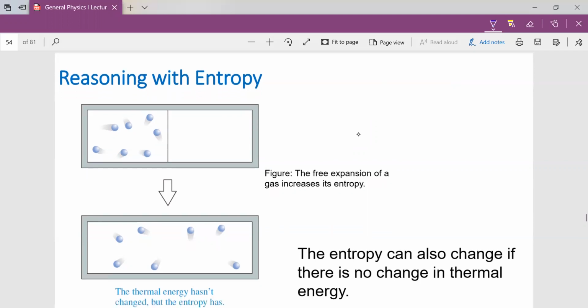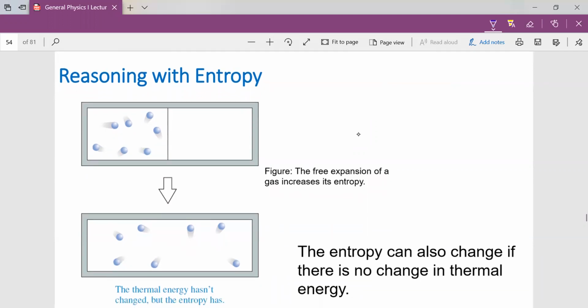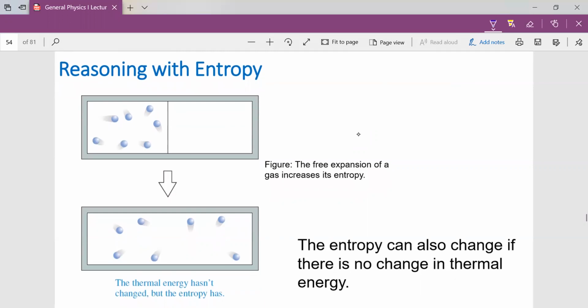So now let's reason in terms of entropy. We've already talked about it: entropy is that which quantifies the dispersal of energy, and the second law is just talking about dispersal of energy. If we have a system, as we can see in this figure, that has its molecules on one side, there are several ways that we can increase the entropy of a system, one of which we've seen.